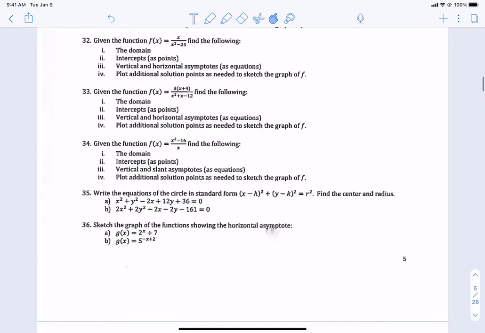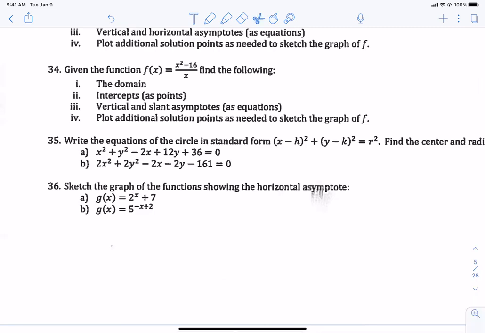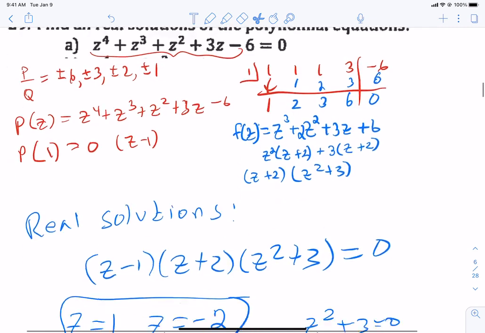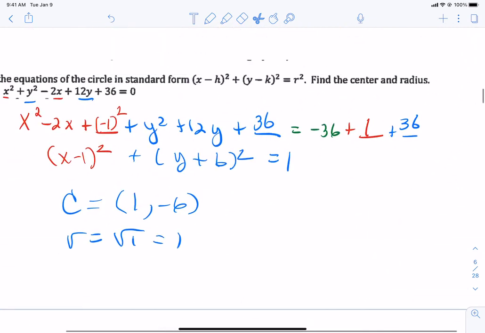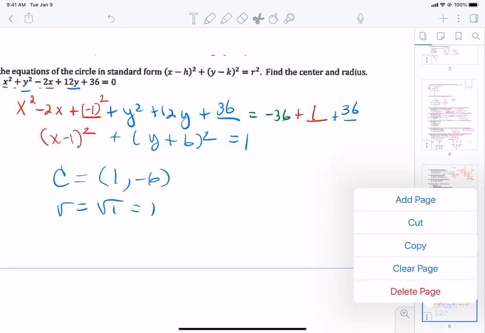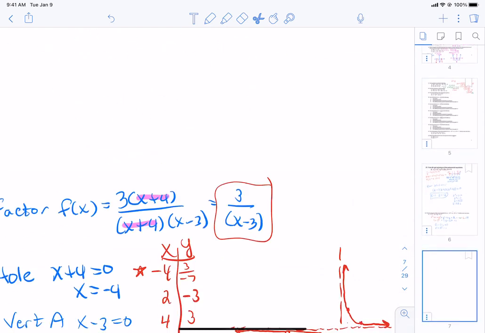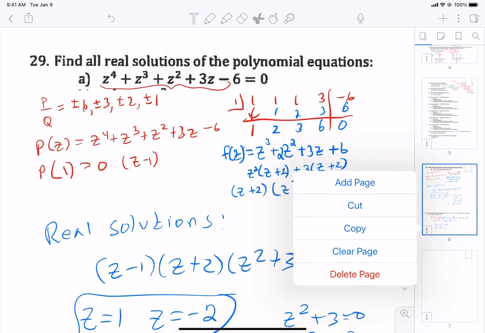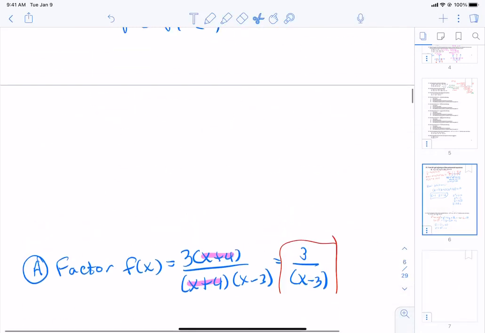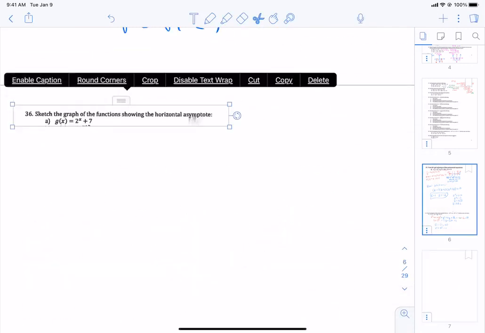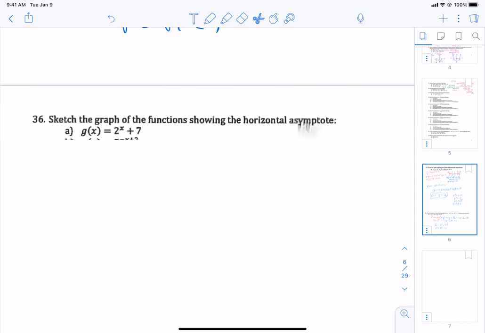Let's do the graph for 36. Just a second there, let me get a sheet of paper. Okay, it says sketch the graph of a function showing the horizontal asymptote.